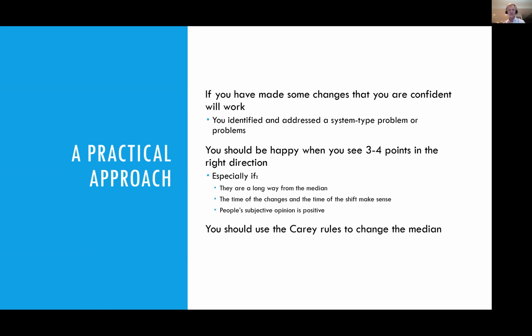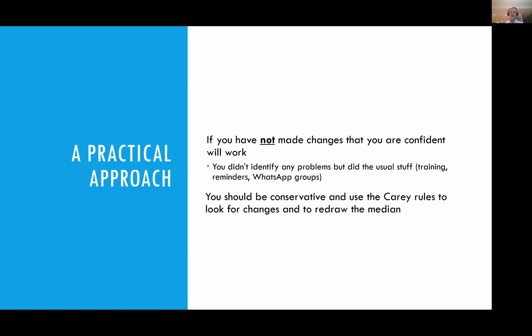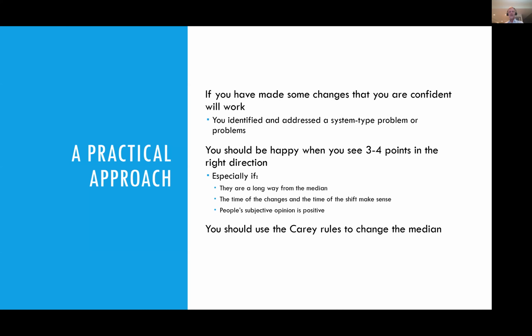Here's a practical approach. You should always look at your median, and if you have made some changes that you're confident will work, where you've identified and addressed a system type problem or problems, you should be happy when you start to see 3 or 4 points going in the right direction, especially if they go a long way from the median, especially if the time of the changes and the time of the shift makes sense, and especially if everybody's subjective opinion is that this was a good test.